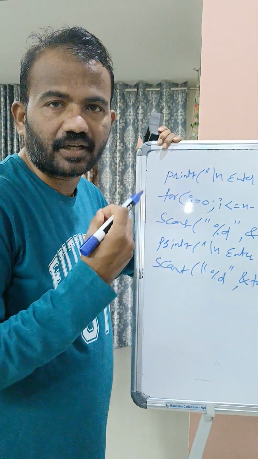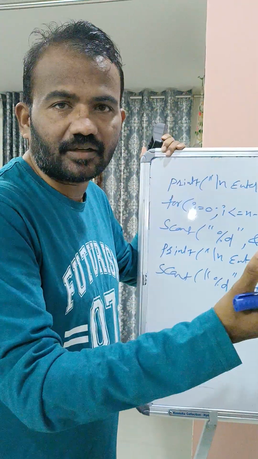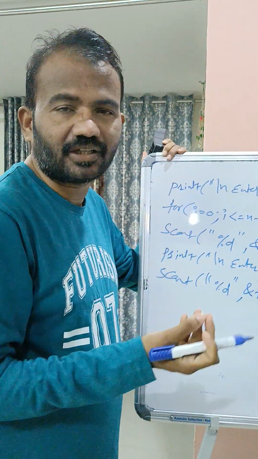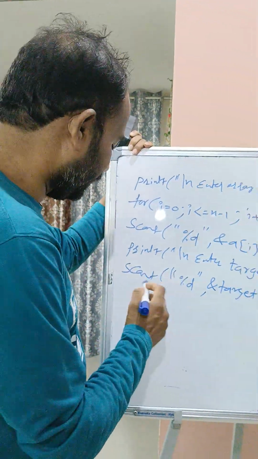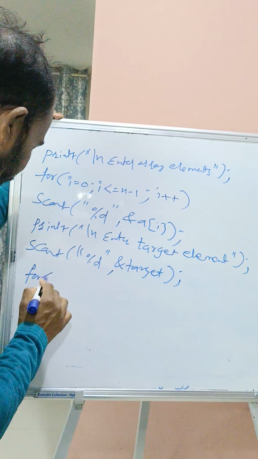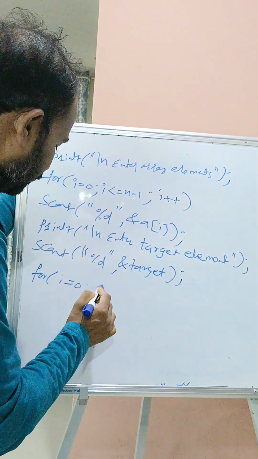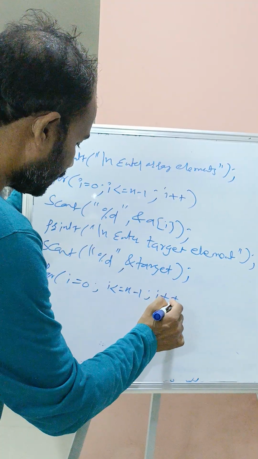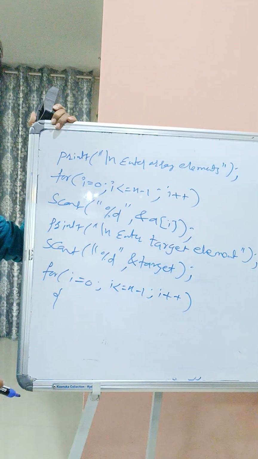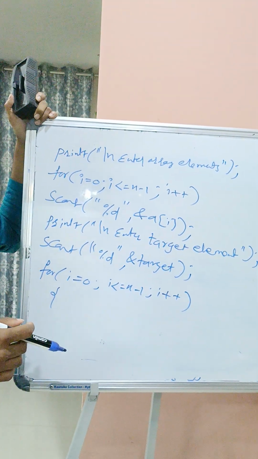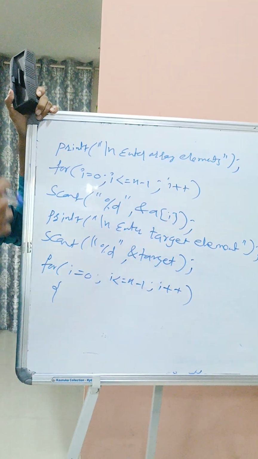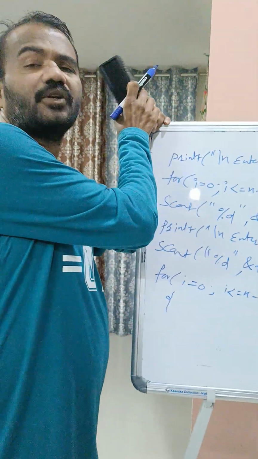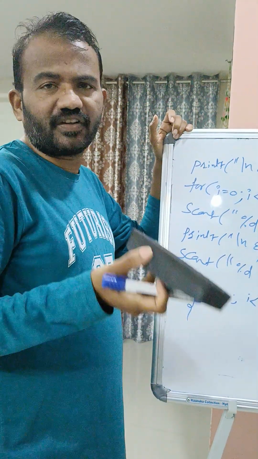If it is matched, okay. If it is not matched, we go to the second element, third element, fourth element, fifth element, or any number of elements. Right? So here I could take for i is equal to 0, i less than or equal to n minus 1, i plus plus. But simply, what we have to do is call a function.